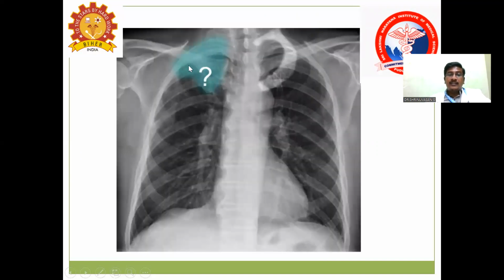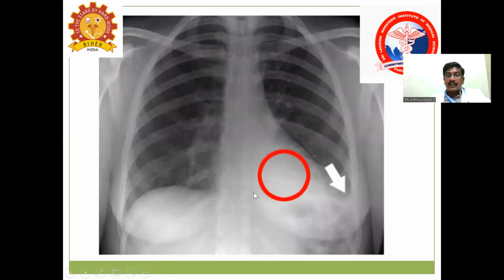And look, sometimes there may be abnormal pathologies. See here you can see the first rib, but here the first rib is eroded, so it is not seen. So always see the bones. Then see the retrocardiac structure. The retrocardiac structure here is dense, so any retrocardiac pathology may be present.